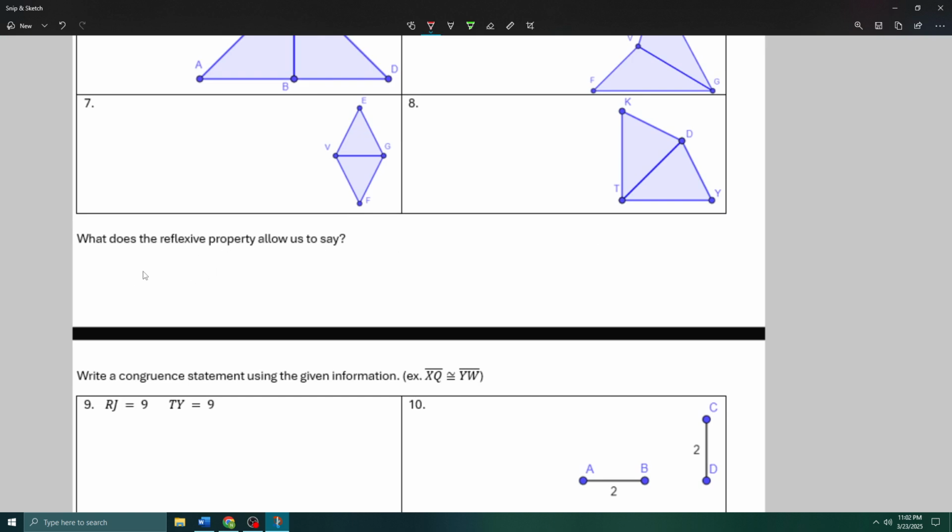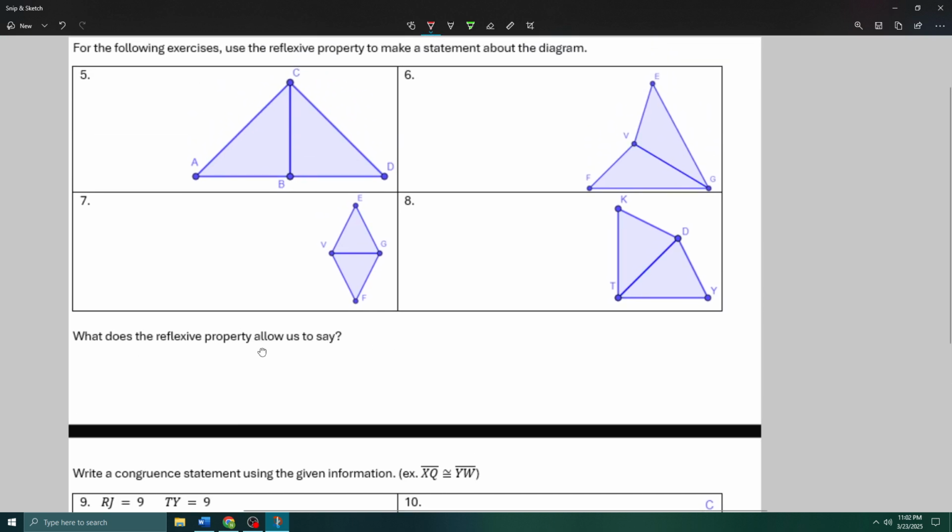Typically, I want you to look at these exercises and think, what do they all sort of have in common, right? What is the thread that links all these together? The reflexive property. Sorry, I can't speak very well right now. I apologize. I'm really tired.